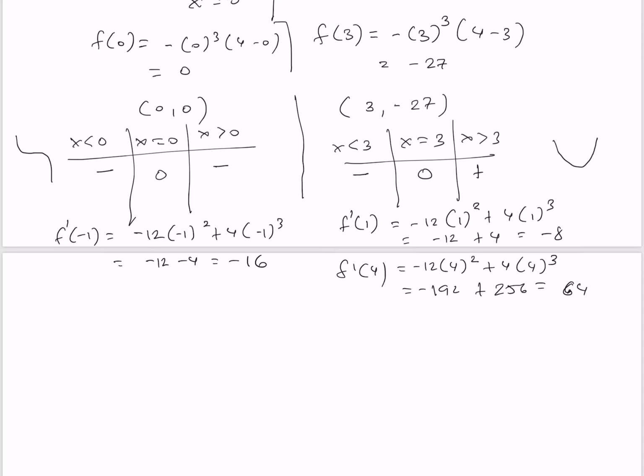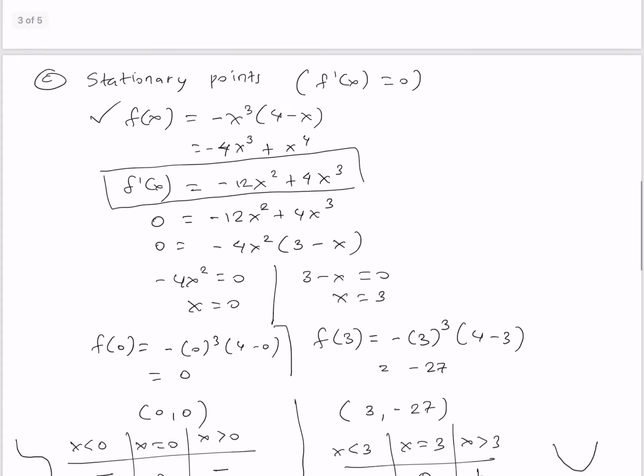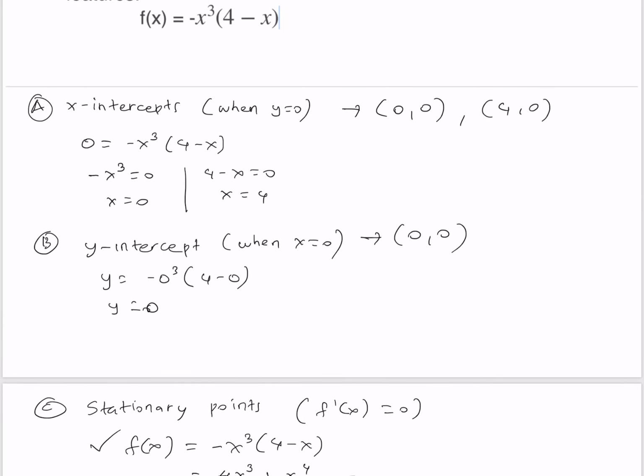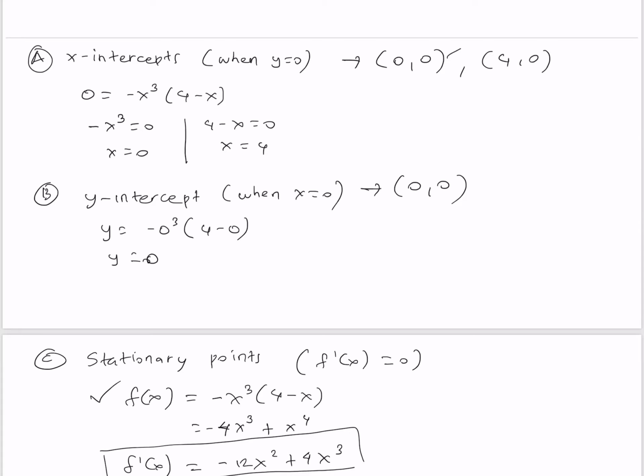Okay, so we can now sketch the graph. We know that the x-intercepts are (0, 0) and (4, 0). Let's check if that's correct. (0, 0) and (4, 0), that's correct.